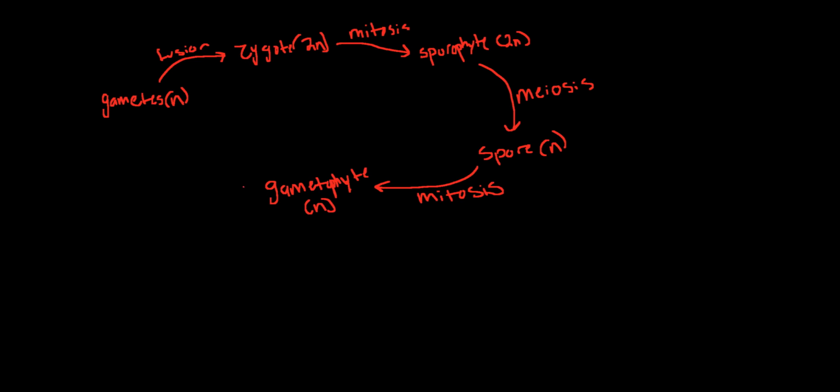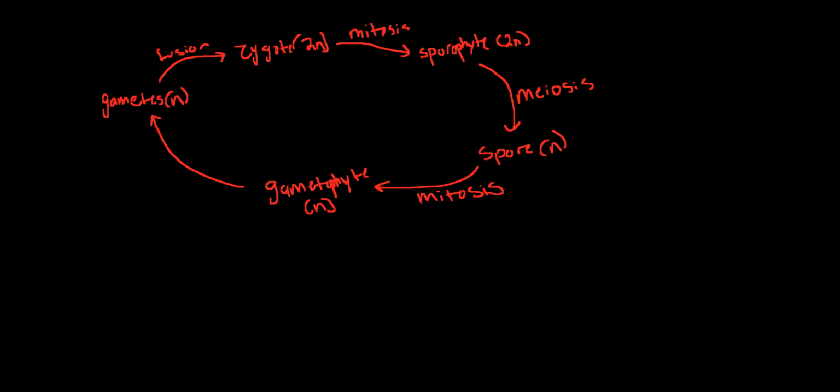Then these gametophytes make our gametes. So basically we start with gamete, zygote, sporophyte, spores, and finally gametophyte, and that gametophyte makes new gametes. And this cycle keeps going.